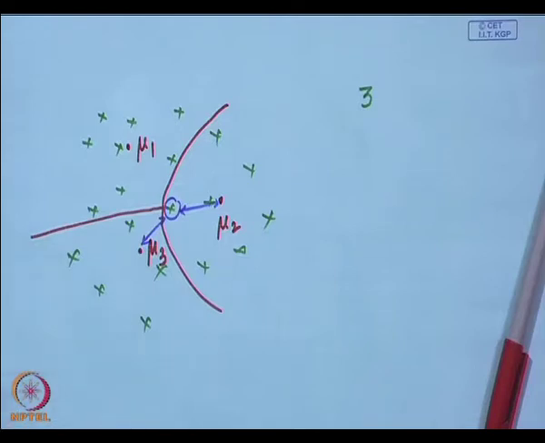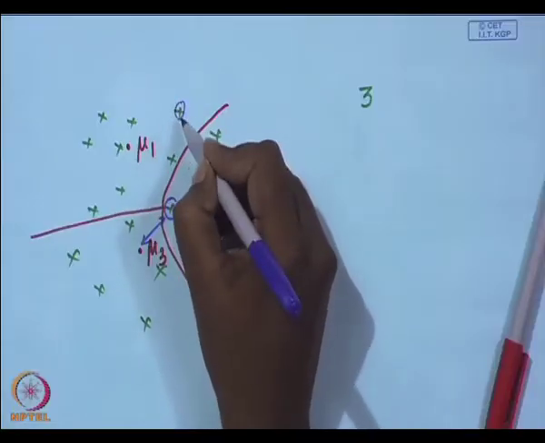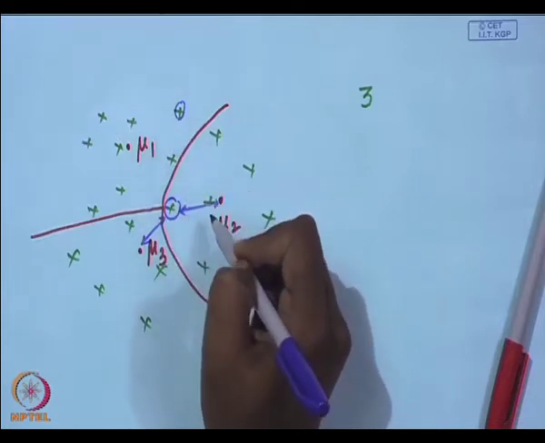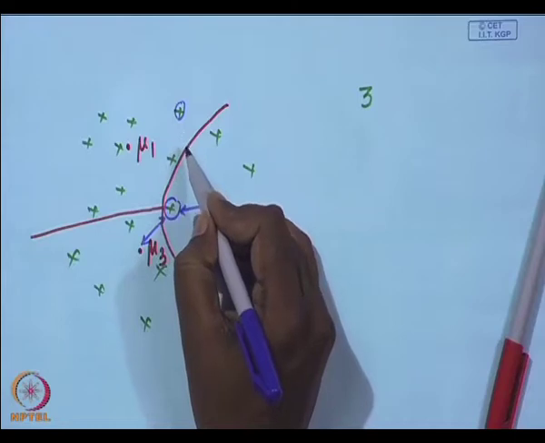So, initially, though this sample was put in cluster 2, in the second iteration, because its distance from cluster center 3 is found to be less than its distance from cluster center 2, this sample will be moved from cluster 2 to cluster 3. And you perform this operation for every sample: you find its nearest cluster center, and move the sample to the cluster whose center is nearest to it.